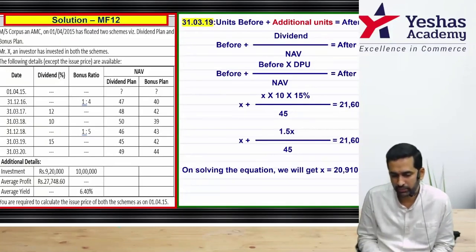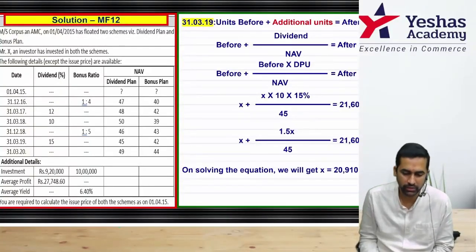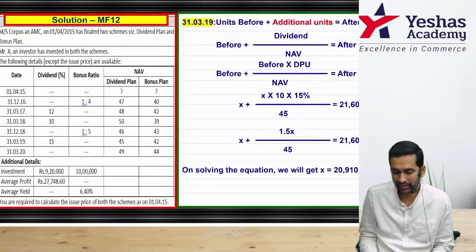Then the equation is X plus X into 10 rupees into 15%. Remember, 10 rupees is the face value that we can always assume as 10. That is the total dividend attributable to him. That day we are not giving him dividend. We are allotting units, and units will be allotted on a prevailing rate basis.